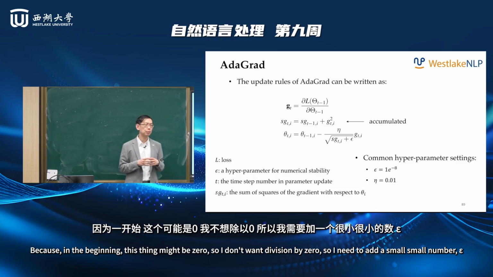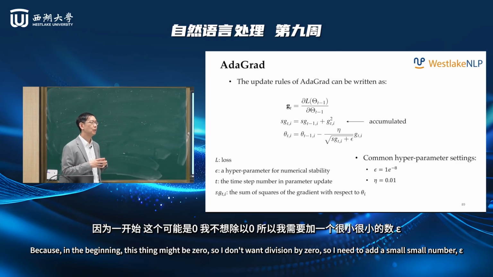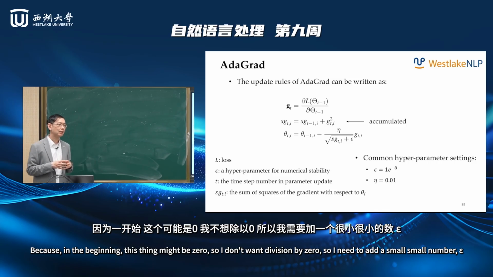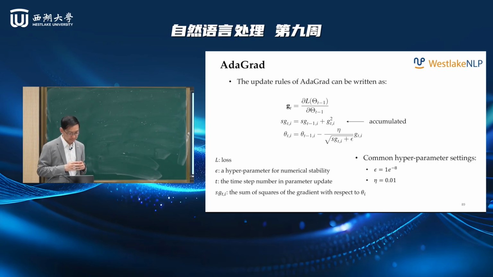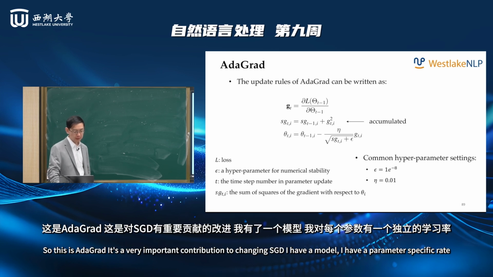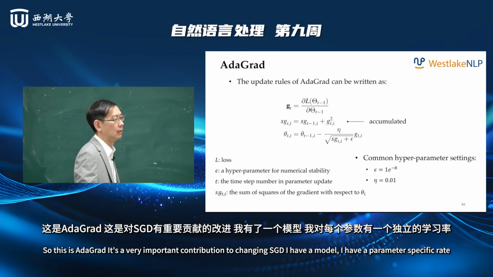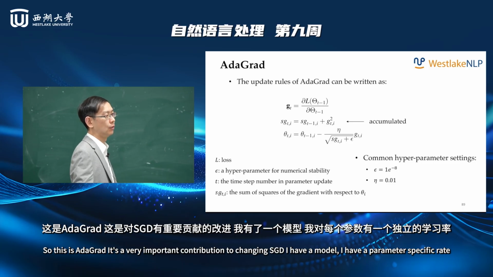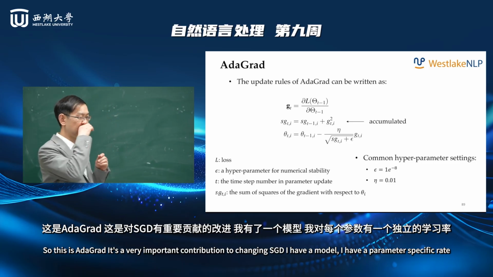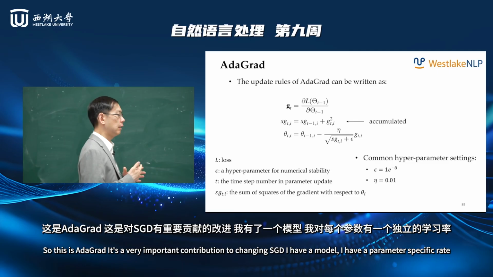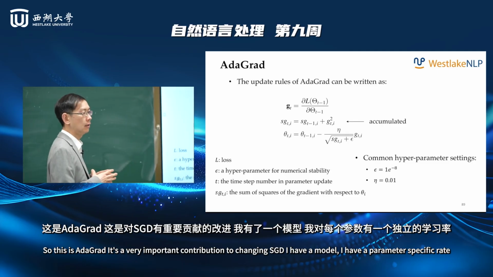Because in the beginning, this thing might be 0, so I don't want division by 0. So I need to add a small number, epsilon. All right. So this is AdaGrad. It's a very important contribution to changing SGD. I have a parameter-specific rate.